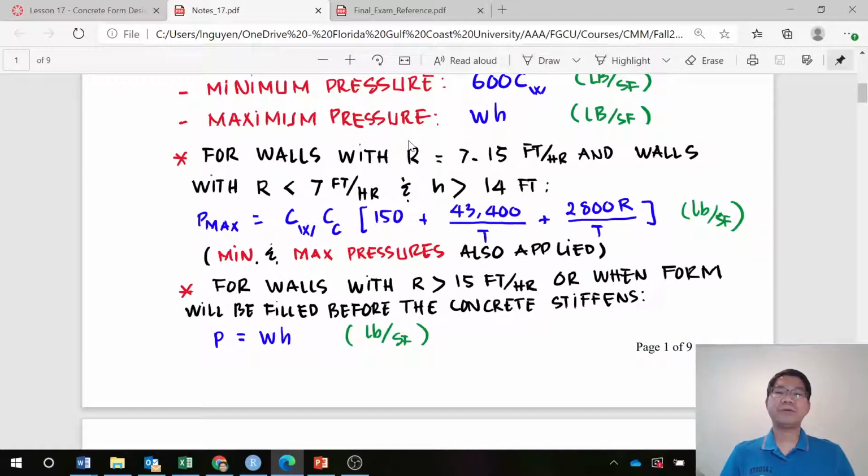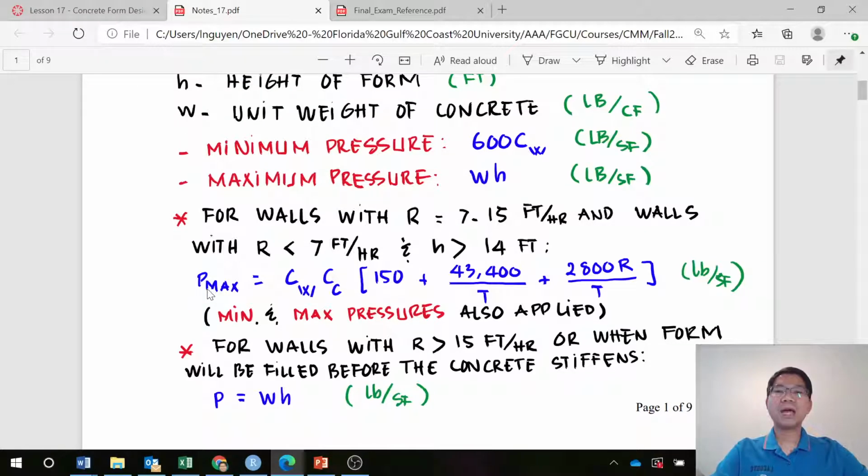So there are two scenarios for the walls that can apply to the second equation in there. Pmax equals CW, CC, and that equation there. And it's still that the Pmax you determine has to be within minimum pressure and maximum pressure, 600 CW for minimum pressure and WH for maximum pressure. So it cannot exceed the maximum pressure WH.